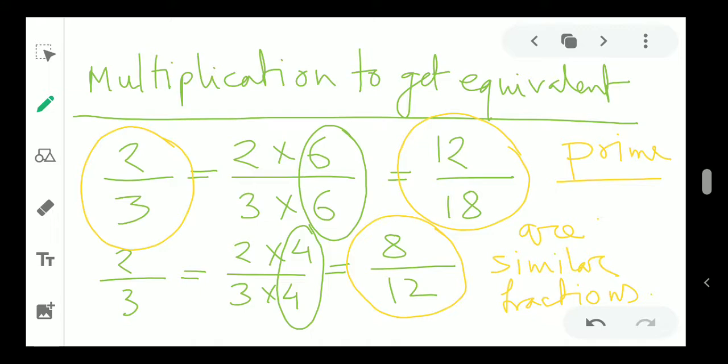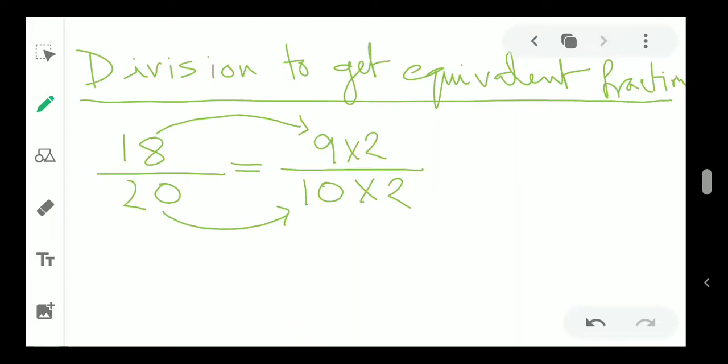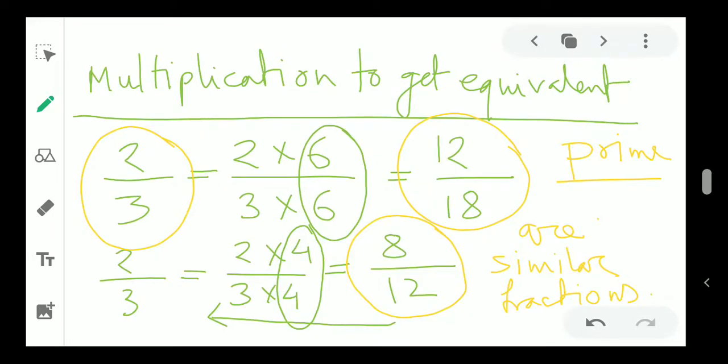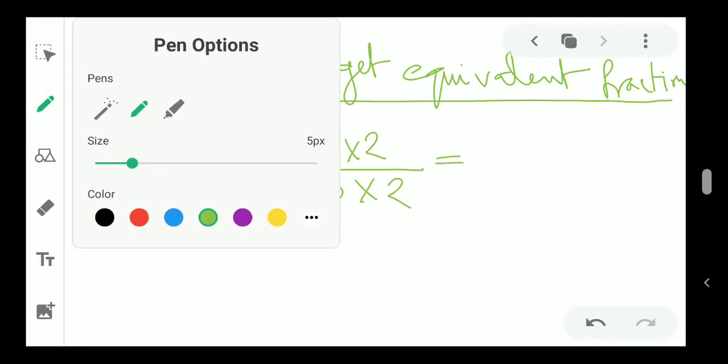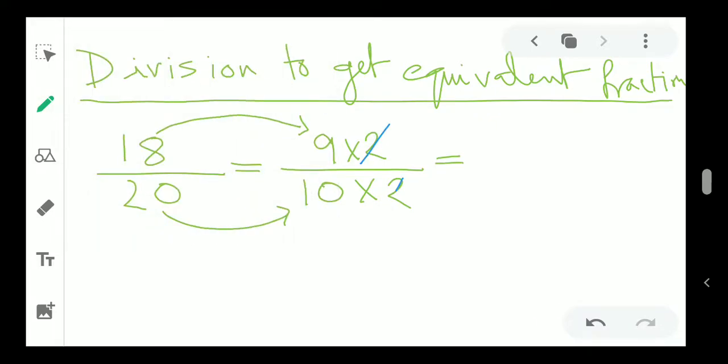But if you do the reverse process, that means you are coming from this to that. So here we are actually going from the answer to the question. So here 18 we can write as 9 by 10 and into 2 into 2. So ultimately this 2 we can cancel out because they are up and down. If you have the same thing up and down, you can cancel it out.